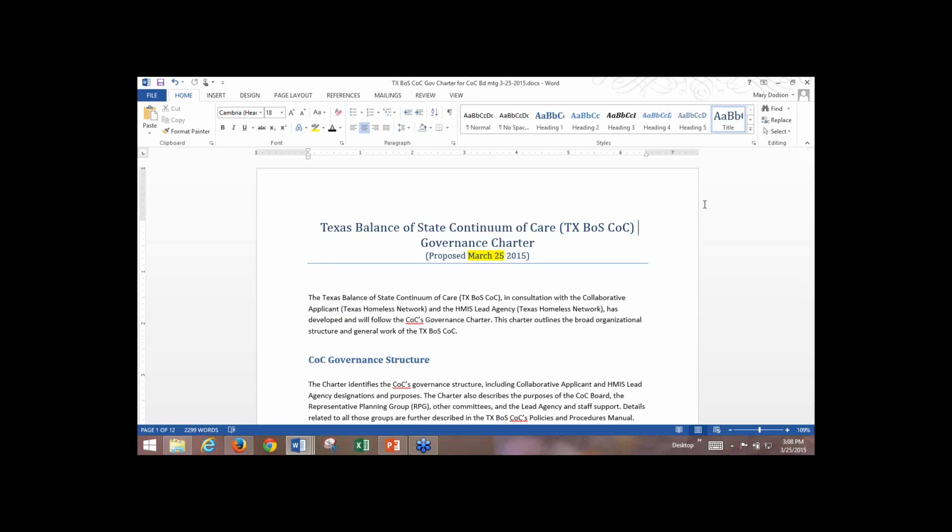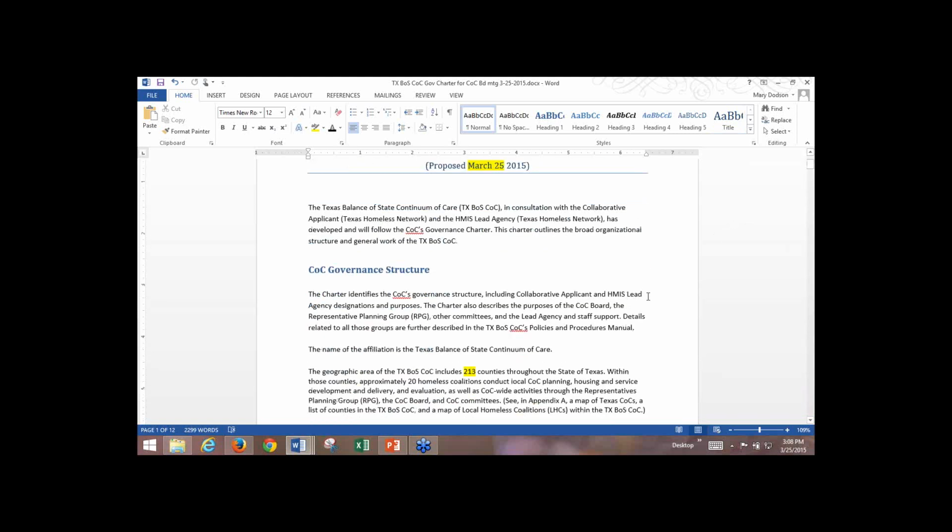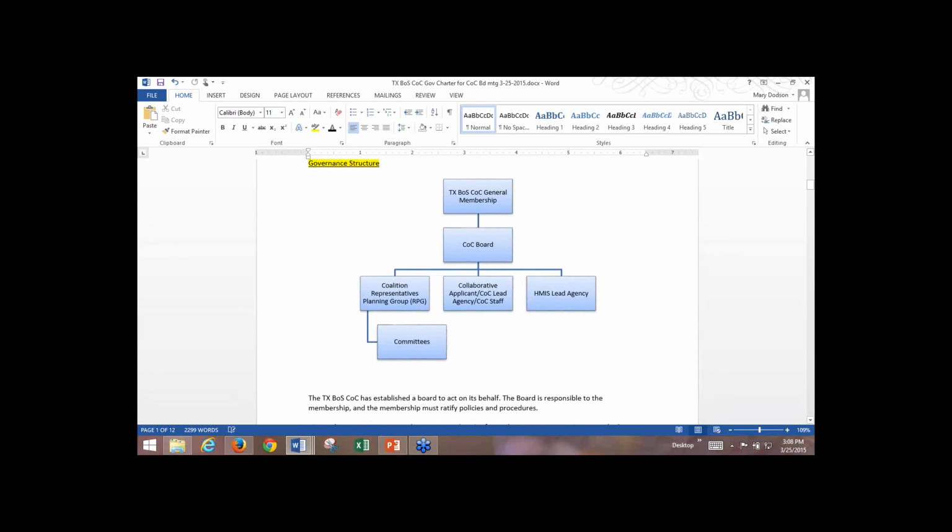And I want to point one thing out that Mary went over. If you'll notice, as she went through, she went over the COC board makeup, and I just want to make sure that everyone understands that relationship, the COC board and the coalition representative planning group, and our intention with that proposed structure.